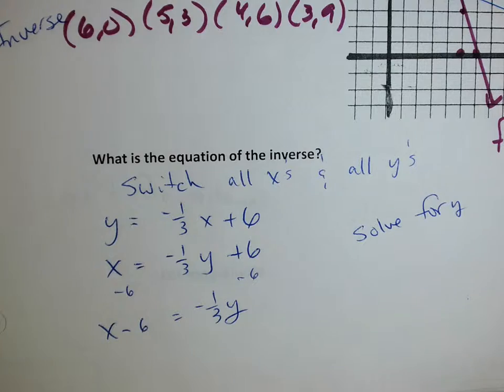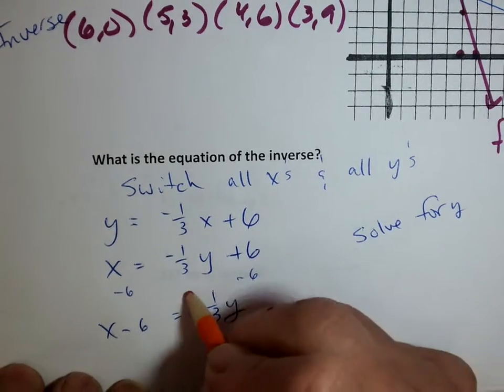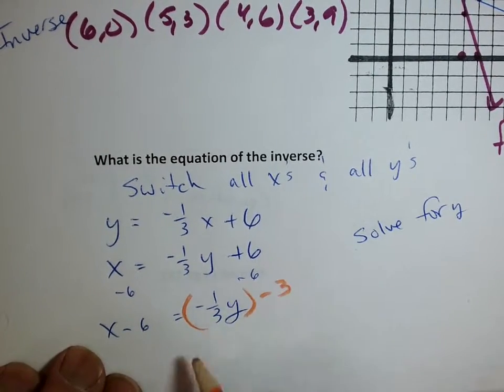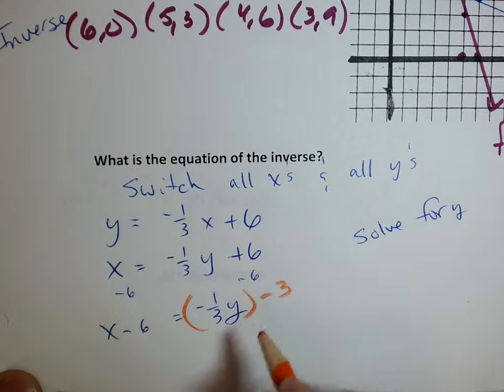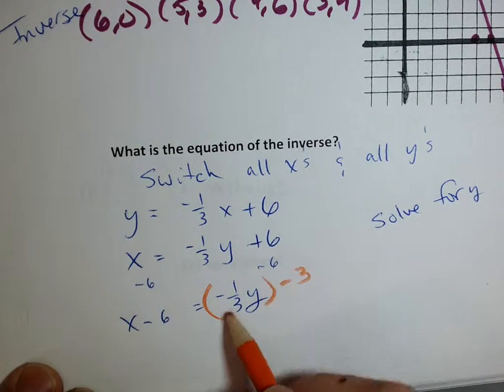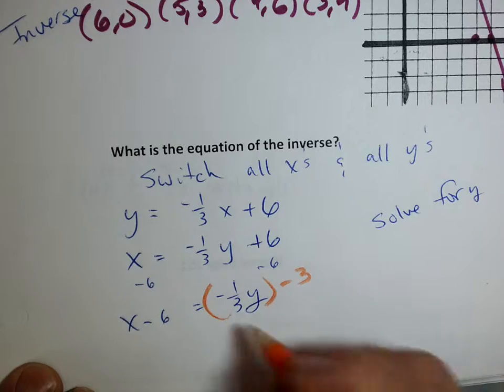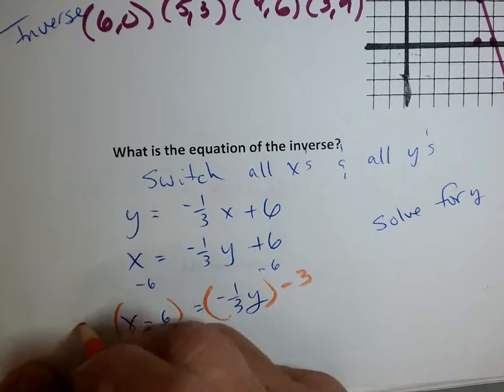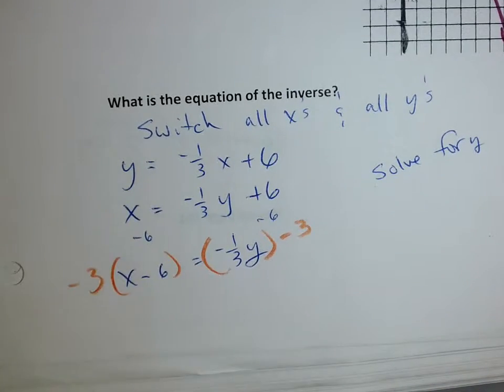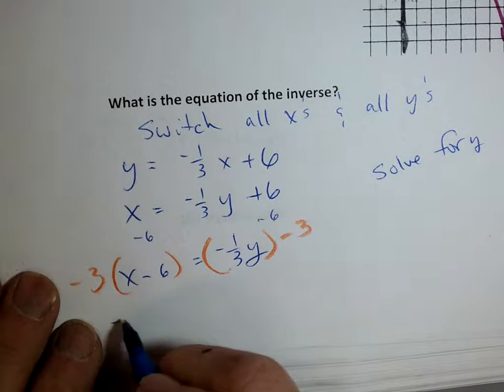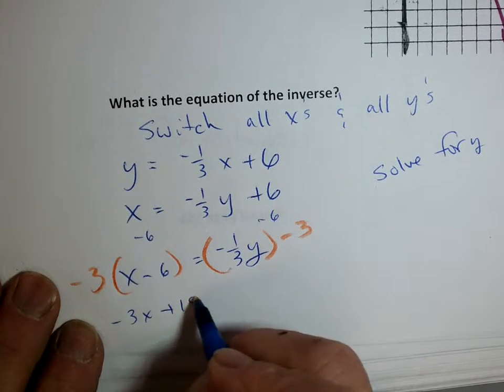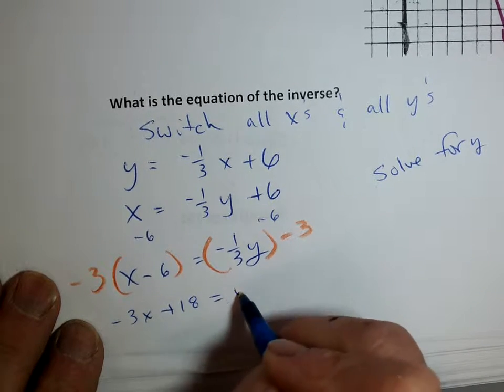If I multiply by negative 3, it would cancel out the negative 1/3. Does that make sense, everybody? Negative 3 times negative 1/3 eliminates the negative 1/3, so I multiply this by negative 3, and I get negative 3x plus 18 equals y.